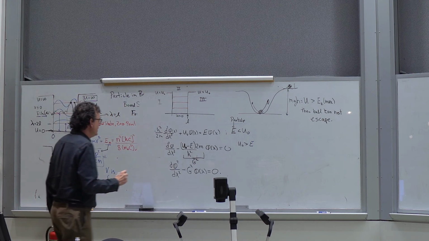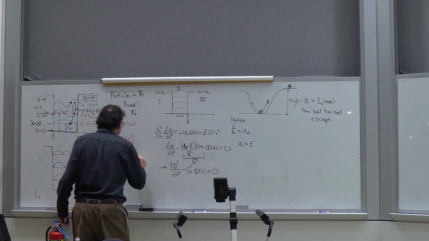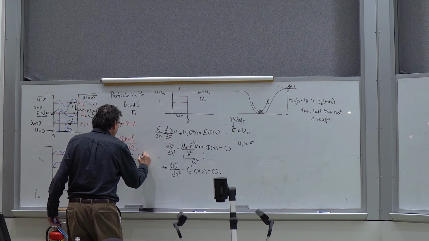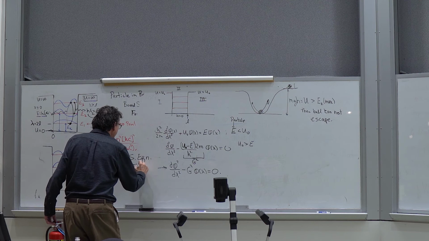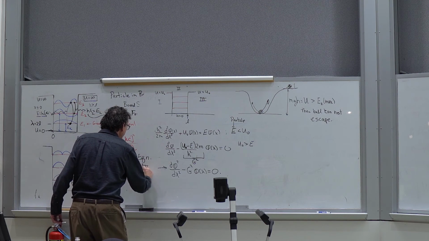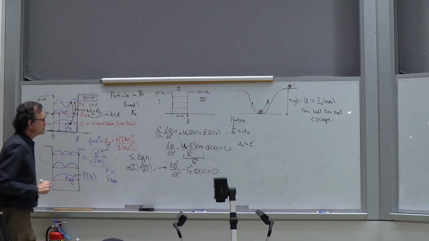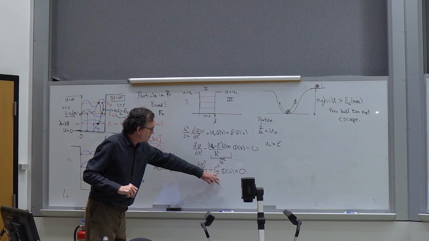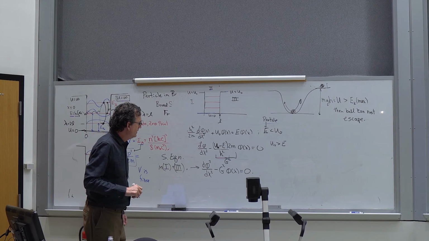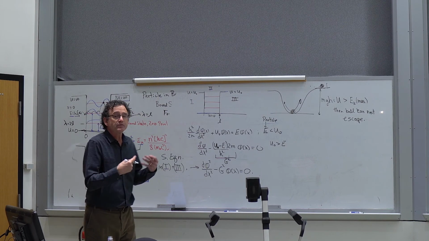So this is the Schrödinger equation in region 1 and region 3. This is a second order differential equation. G squared, of course, is positive, as we can see here. And now I have to come up with a solution.